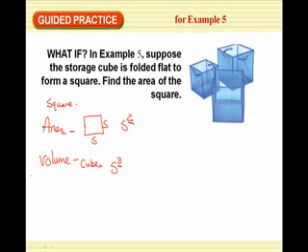So it says each edge of the medium cube is 14 inches long. So I'm really bad at drawing 3D pictures, but here's a cube. And each edge is 14. Each one of them would be 14.